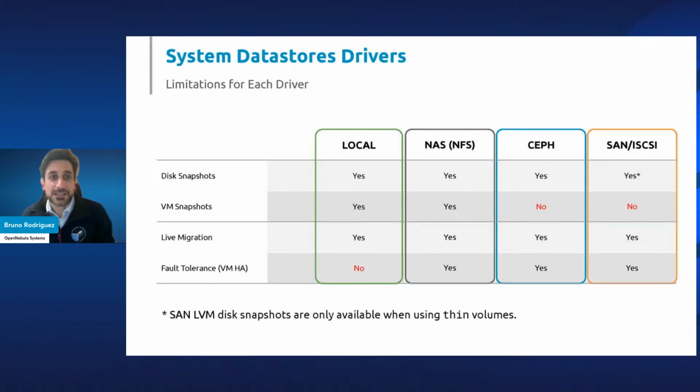So, here we have mainly the system datastore drivers, the features and the limitations that each one of them has. For instance, for local file systems, as you can see, we don't support fault tolerance.